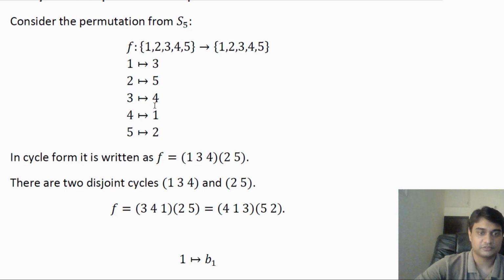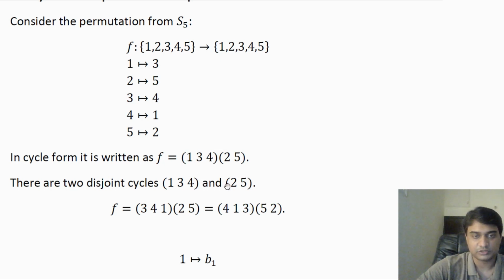Then we see what 3 is mapped to. 3 is mapped to 4, so beside 3 we write 4, and 4 is mapped to 1. Since 1 is the first element of this cycle, we close this cycle here.